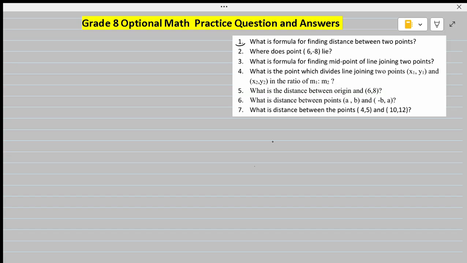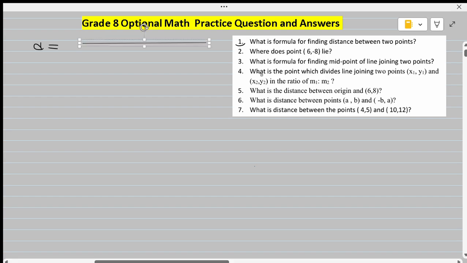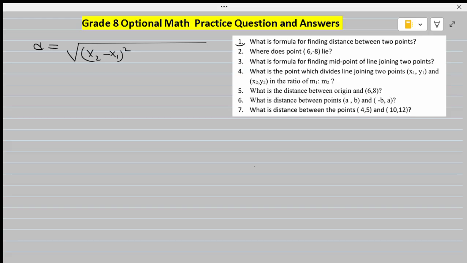So in number 1, what is said here? What is the formula for finding the distance between two points? We are asked to write down the distance formula. So the distance formula we write as the difference of x, whole square, that is, x2 minus x1 squared, plus the difference of y, whole square.